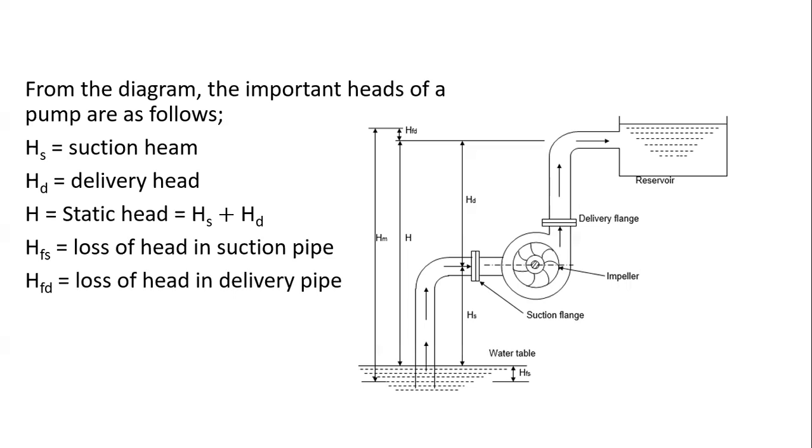So when you add all these, you add HFS, the loss of head in the suction, the delivery head, including the loss of head in the delivery pipe, you have what is known as the manometric head.